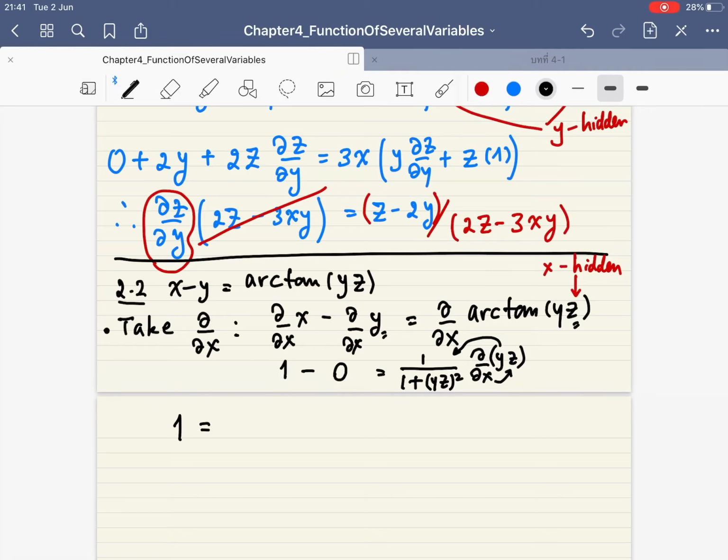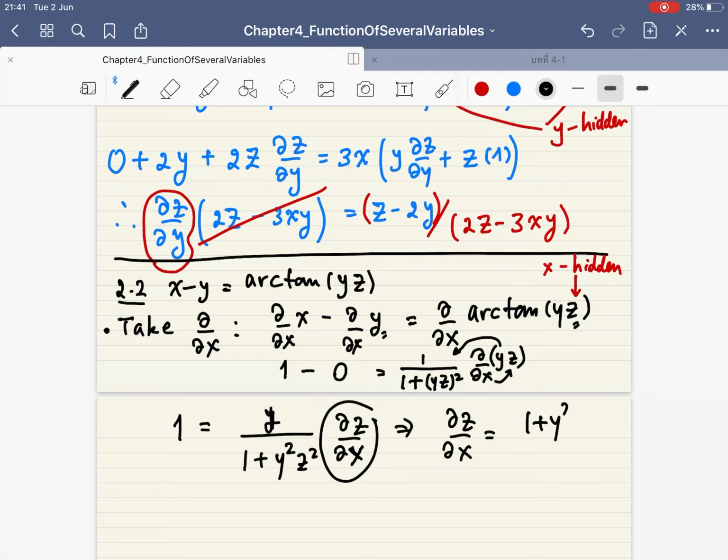So on your left hand side you got a 1, on your right hand side you got this one, and then a y and dz by dx. So dz by dx is simply (1 plus y squared z squared) over y.